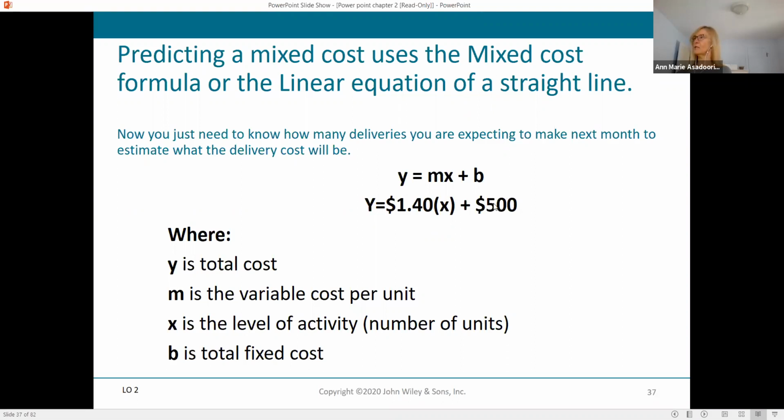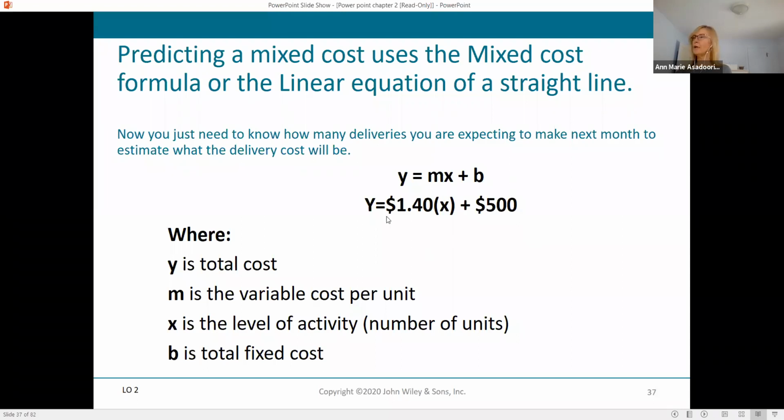And then here's the fixed cost. Here's where that line hit that vertical axis. So next month, if you're trying to predict what this cost is going to look like, you know you're going to have to pay that 500. That's the fixed portion that happens regardless of activity, just like the rent that you pay. And then you're going to have to add the variable portion to that because the mixed cost is a combination of the two.